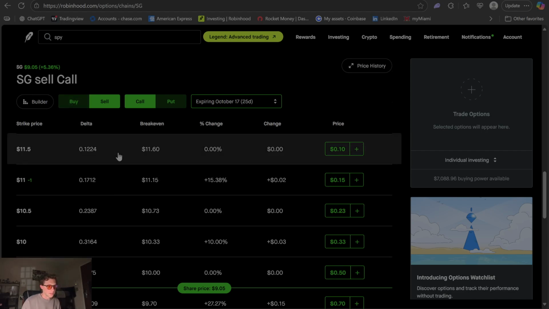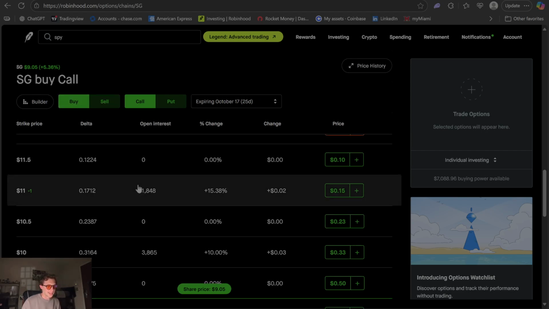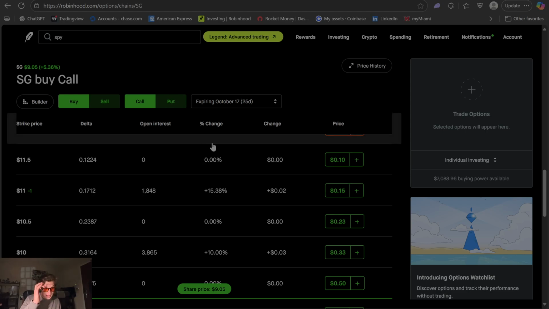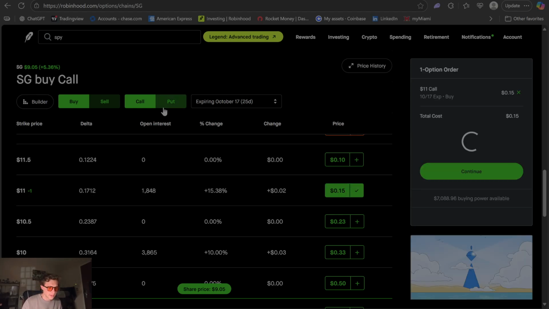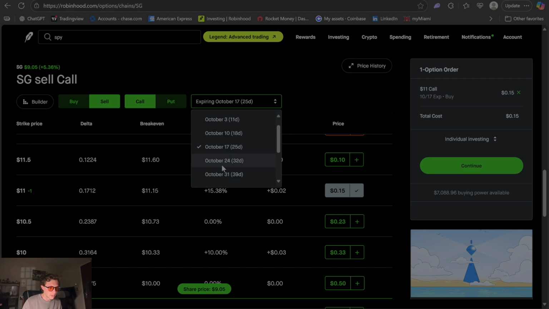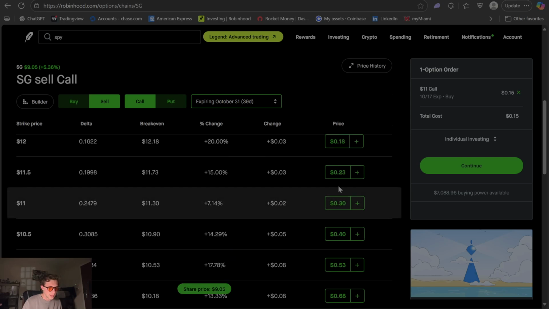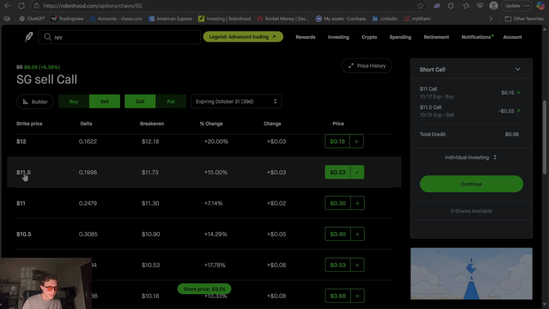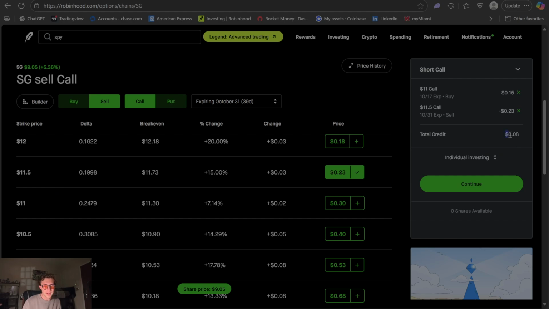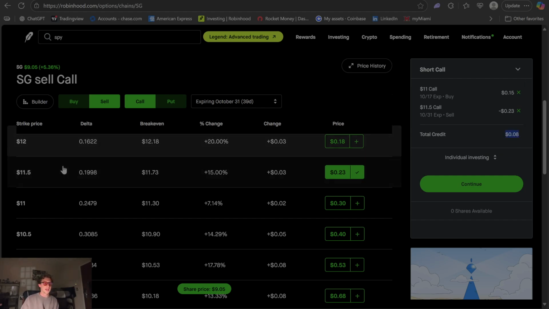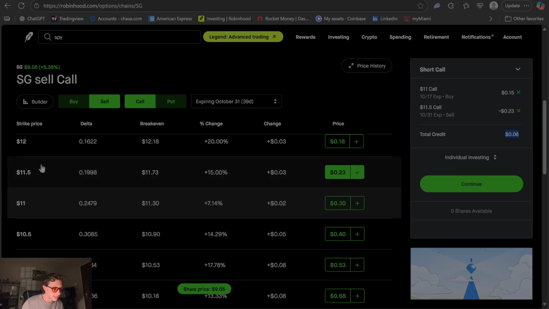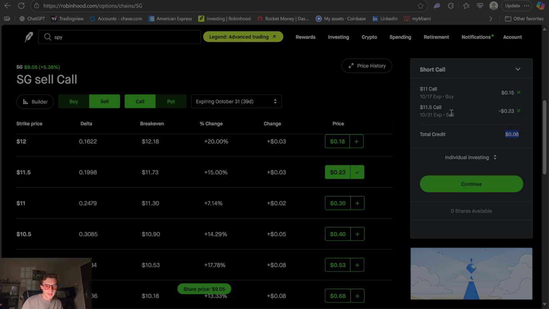Say this were to go up to $11, for the sake of example, we can't really visualize it just yet because Sweetgreen is not there. But you can buy out the call option that you have and sell a new one for a later date. If I wanted to roll up, I would be getting a credit. I'm essentially saying I want to sell this for 50 cents more, which is $50, and I'll be receiving a credit. So it's kind of a win-win.